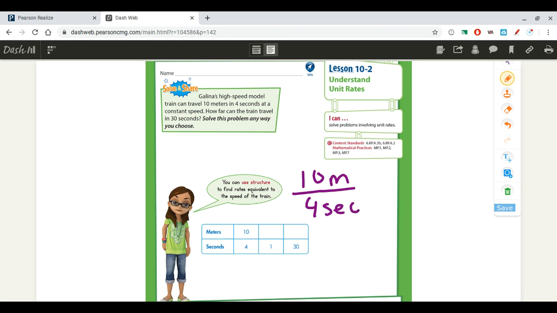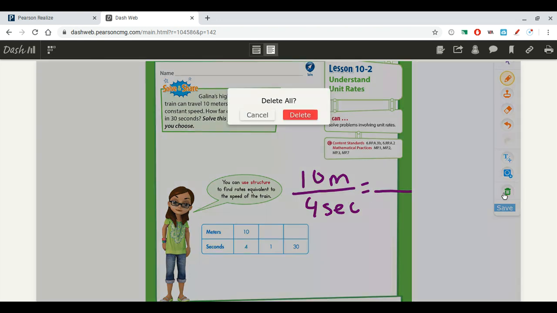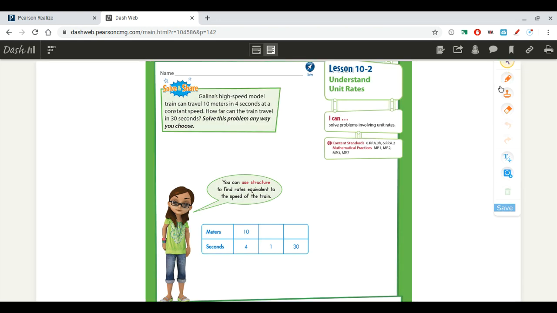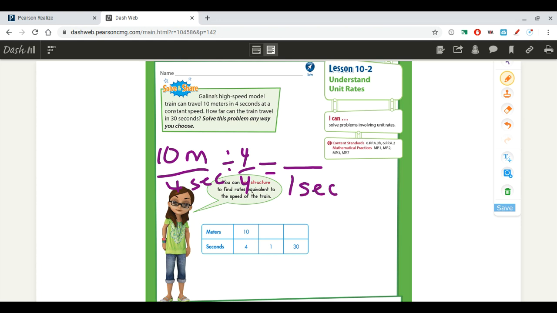And the reason that I do this, when I divide 10 meters by 4 seconds, what I'm really doing is I'm really dividing both the numerator and the denominator by 4. And when I divide both the numerator and the denominator by 4, that gives me 1 second.